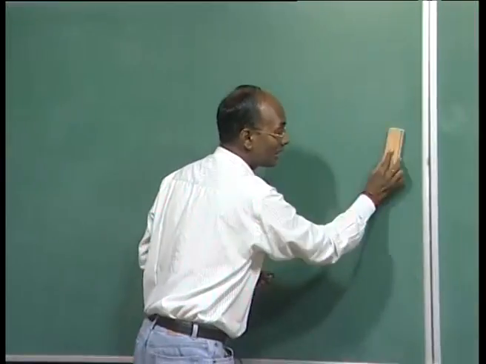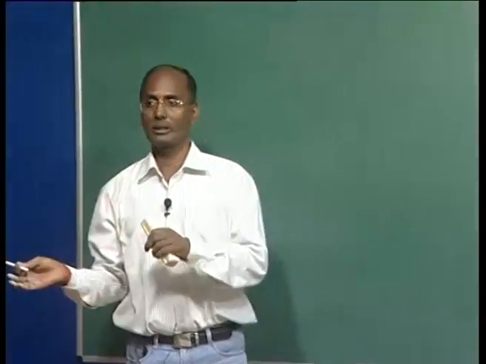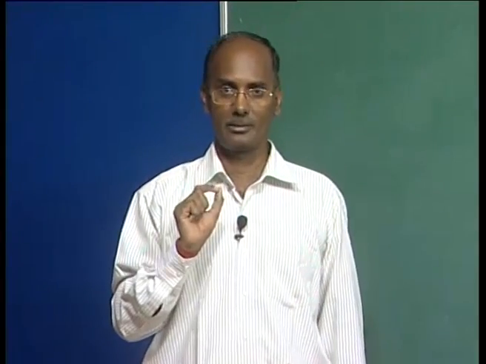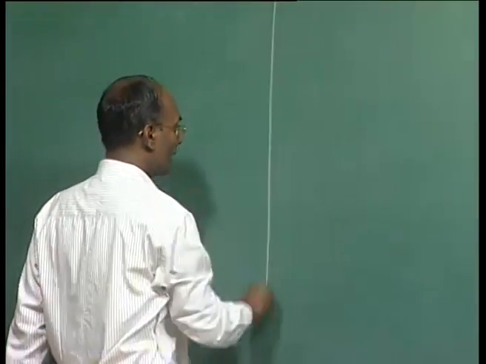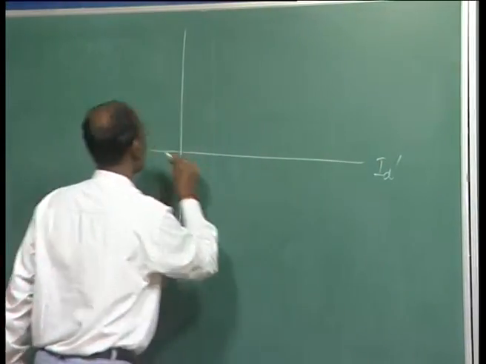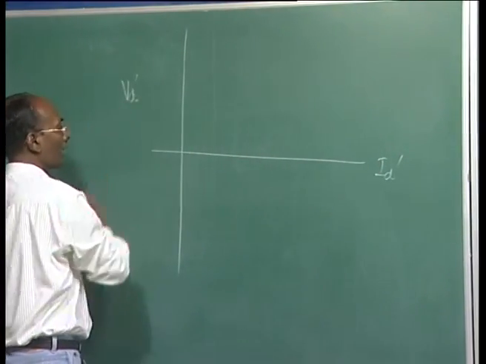And this chart is now known as the AC side quantities on your voltage and current axis. So here again we have ID prime, and here we have VD prime or Y.